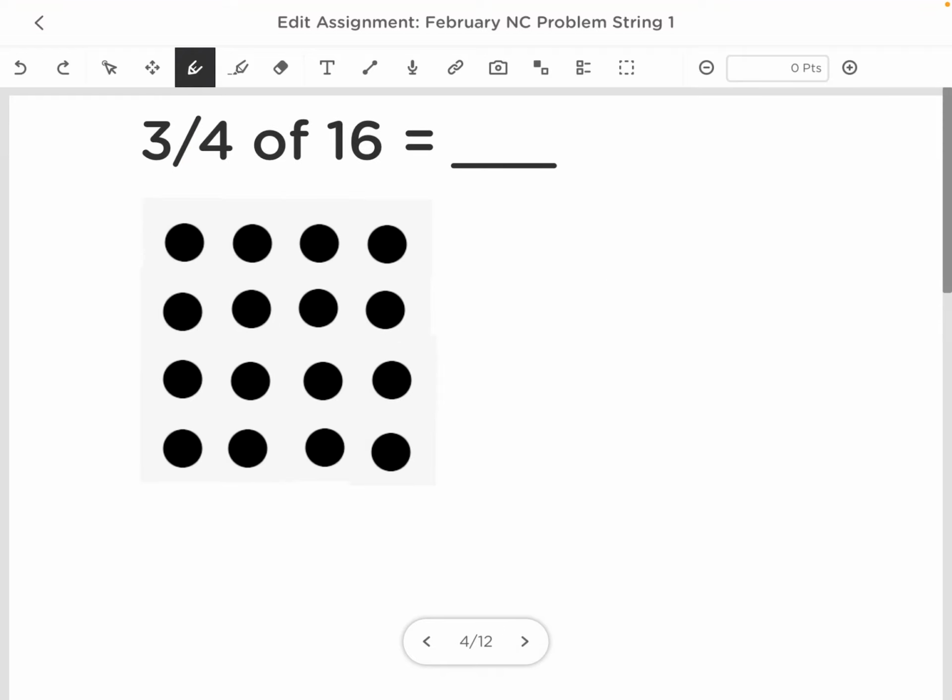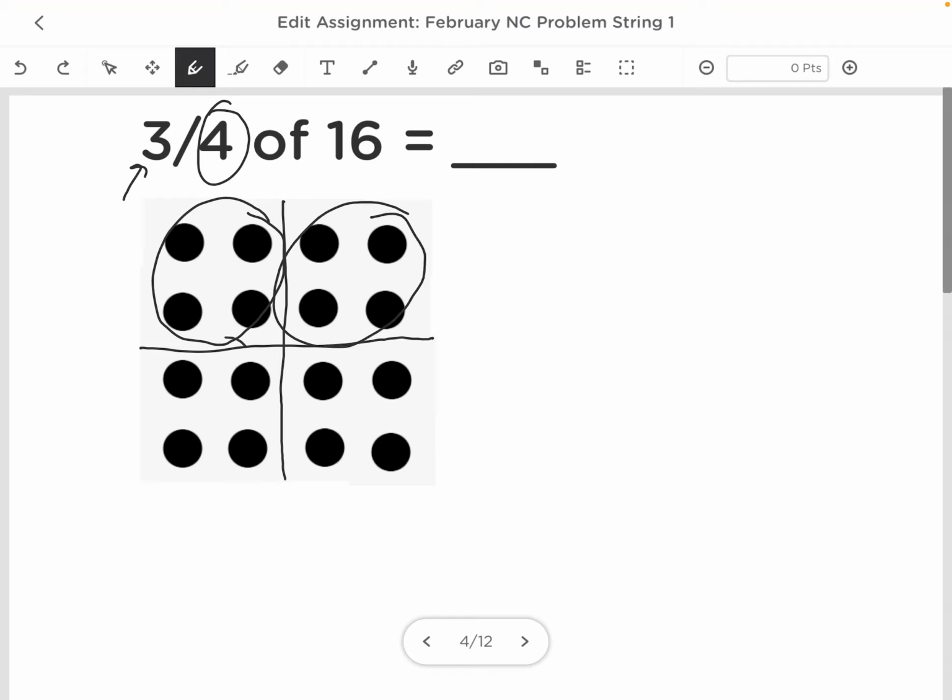All right, my next question says, what is 3/4 of 16? So again, I'm going to split this into 4 groups because that is my denominator. But now, instead of finding 1/4, I'm going to circle 3 groups out of 4. Now, I need to count up all the counters I circled.